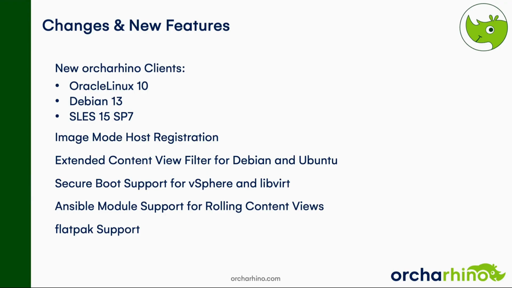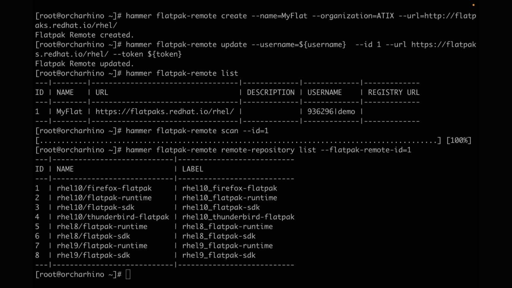Last but not least, with orcharhino 7.4 we are introducing Flatpak support. Unlike others, there are some preparatory steps which need to be executed in the CLI in order to create a Flatpak repository in the orcharhino UI. Let me show you the basic steps to create a Flatpak repository. First of all, for that you need a service account on Red Hat.